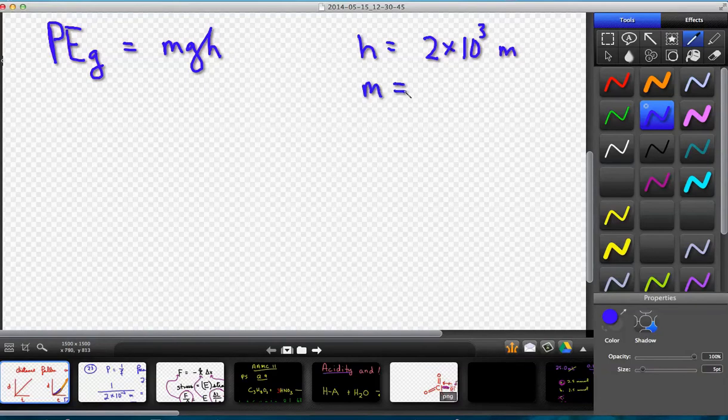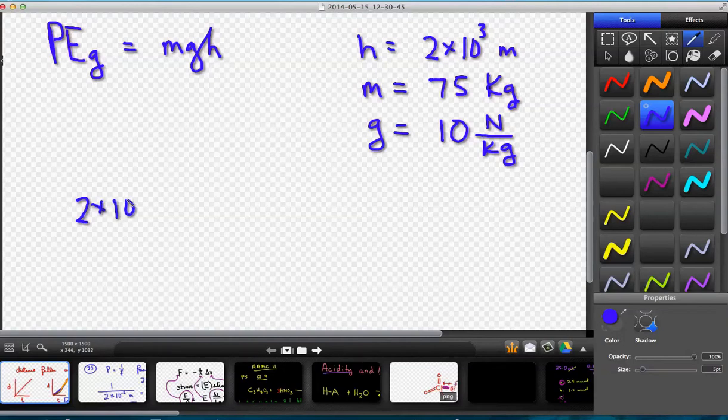What is our mass? 75 kilograms. And of course, g is going to be 10 newtons per kilogram. Now, a newton meter is a joule. So the units are going to be joules, which means I can just multiply all this stuff together.